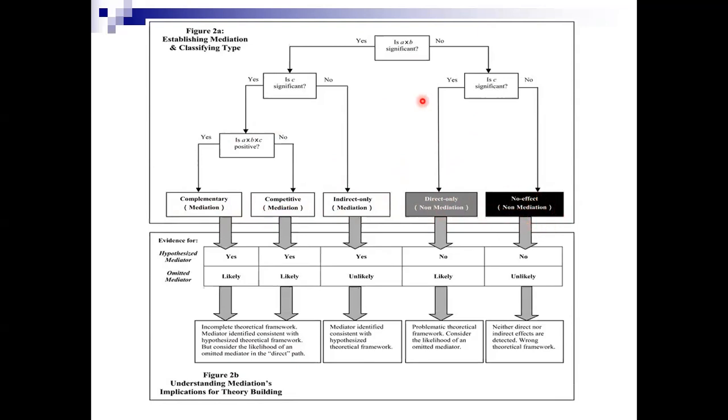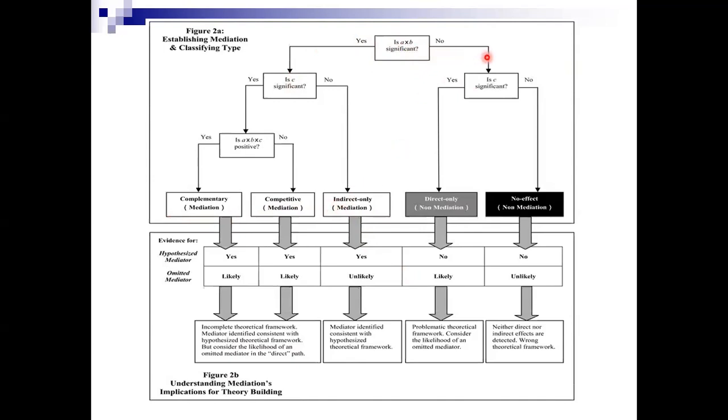Okay, so how does this work? You look at your coefficients A and B, that is the beta of A and the beta of B. You multiply them, A times B, and check if it is statistically significant, okay? If it is statistically significant, which is yes, you move to the side of mediation.